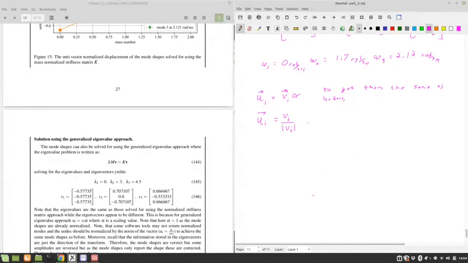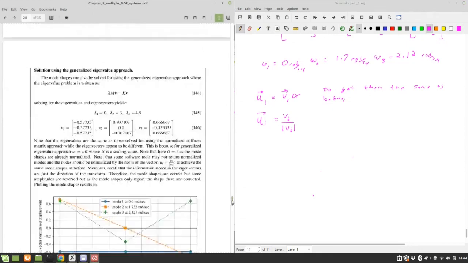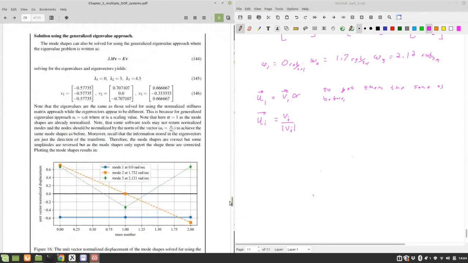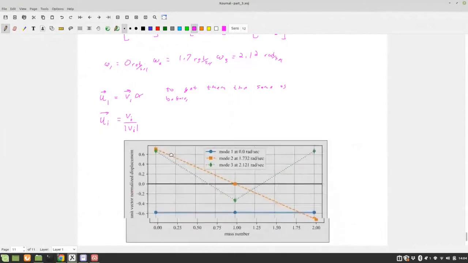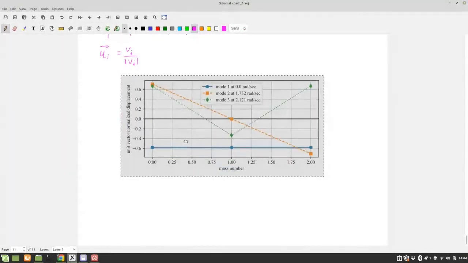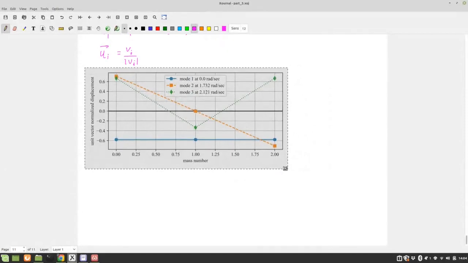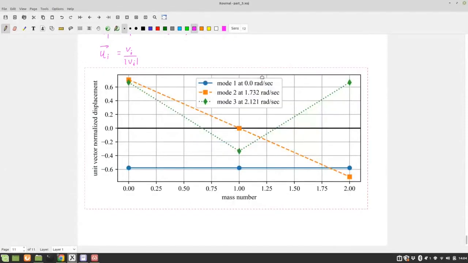So then you could have alpha as 1 over the norm of V_I if you wanted to write it like that. But it's all the same. And so if we do that, we get this plot. If we normalize it, we get this plot.